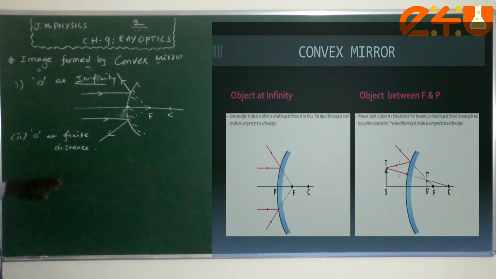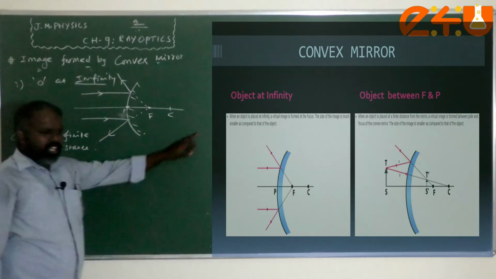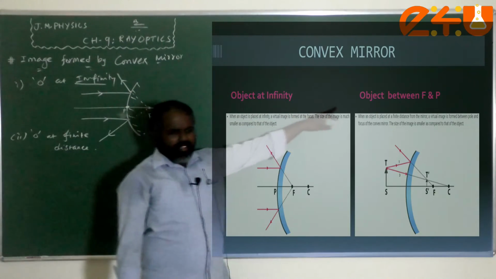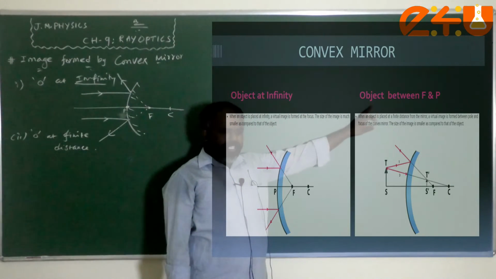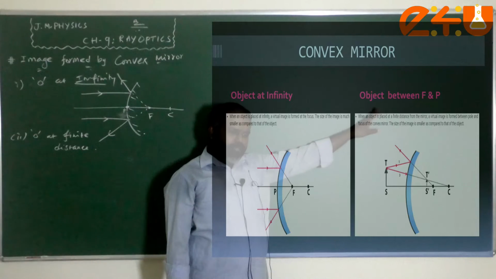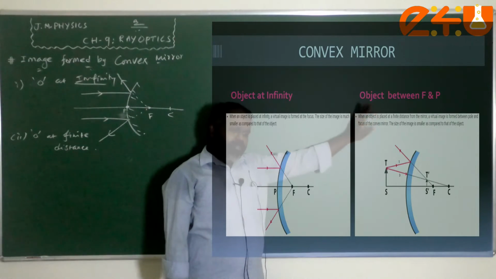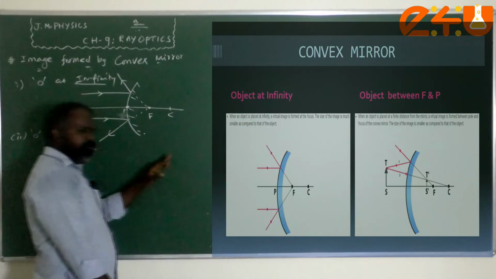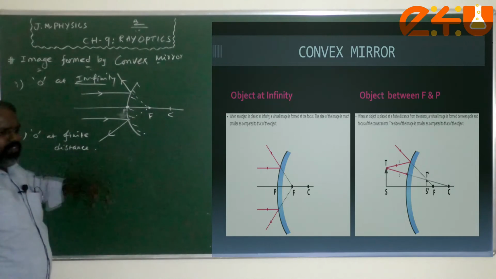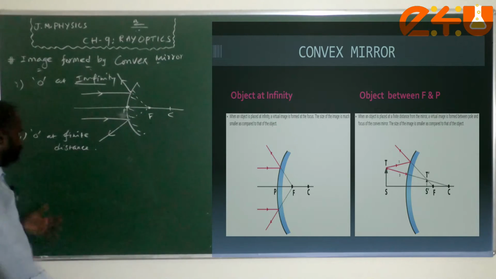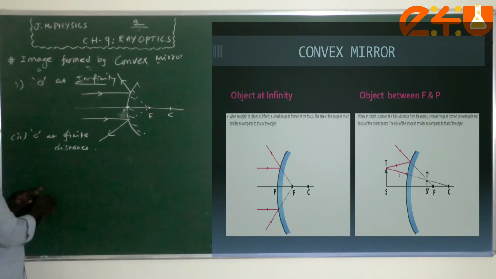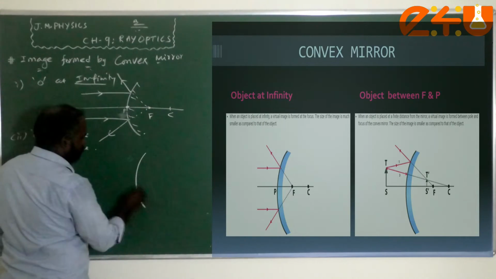So when the object is placed at a finite distance, in the slide I mentioned between f and p, but it can be any position, as we mentioned in the case of a concave mirror. In those cases the image will be formed only between f and p, children.